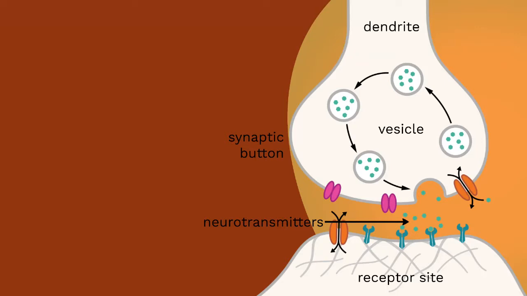Some synapses make the next cell more likely to fire, and these are known as excitatory synapses because they excite and stimulate the neuron. Other synapses make the neuron that is receiving the message less likely to fire, and they are known as inhibitory synapses because they inhibit firing.